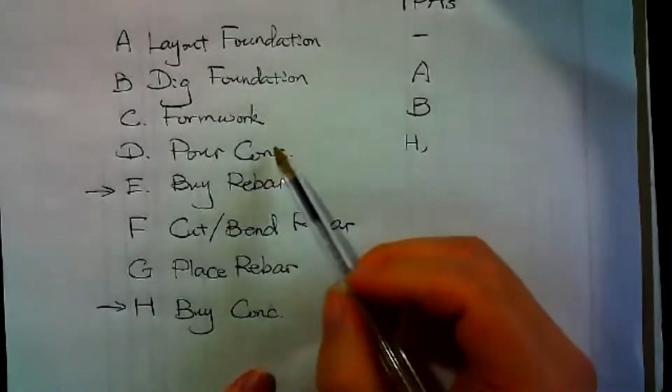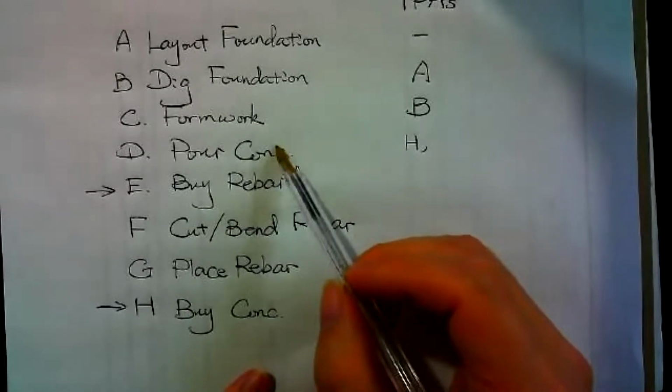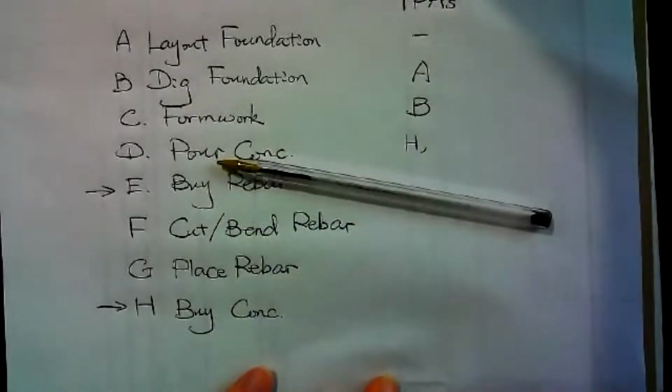But in addition to H, see the picture of my notes. Right now, the picture shows I'm ready to pour. After I put the form in, I need the rebar ready, then I can pour.